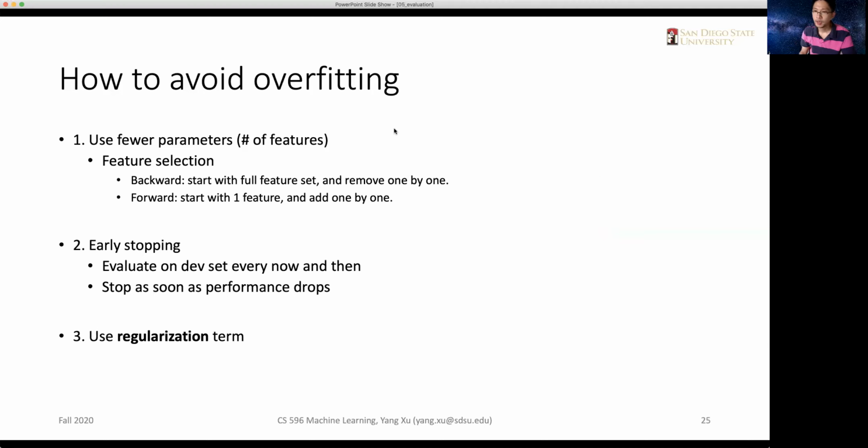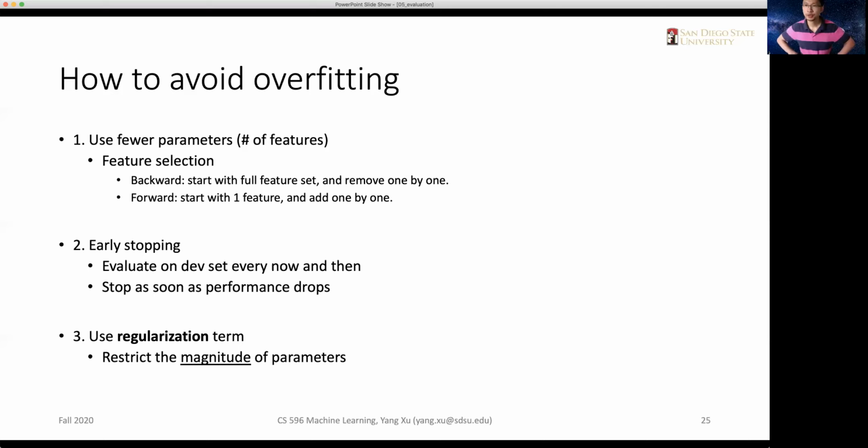So the technique that we focus on today is called the regularization term. And this is a very, very commonly used term. And nowadays in the mainstream machine learning frameworks, these are already built-in functions in the optimizers, okay?